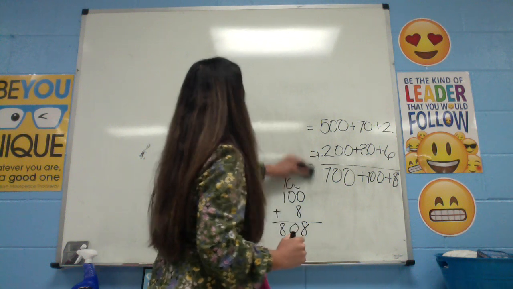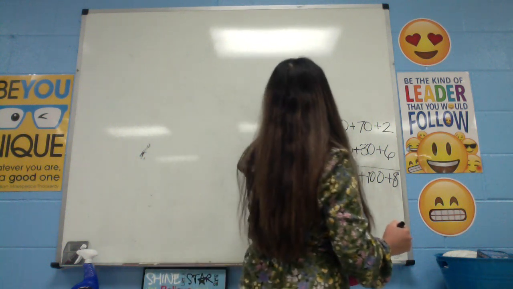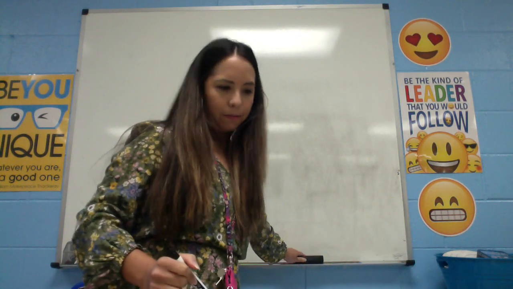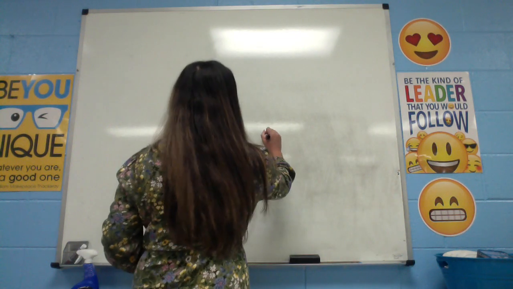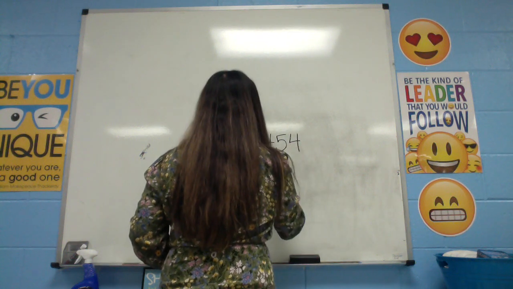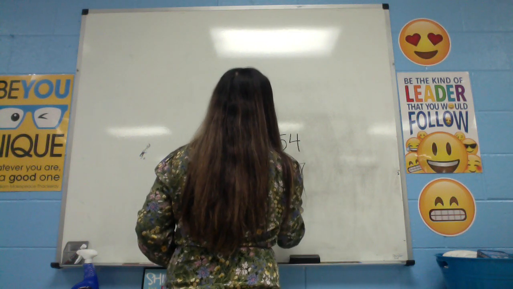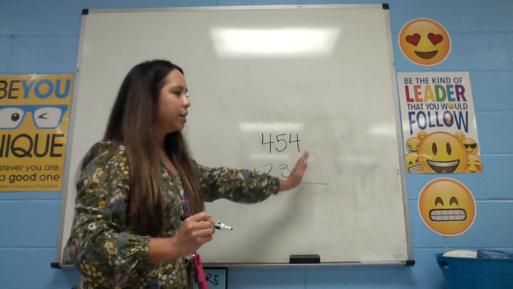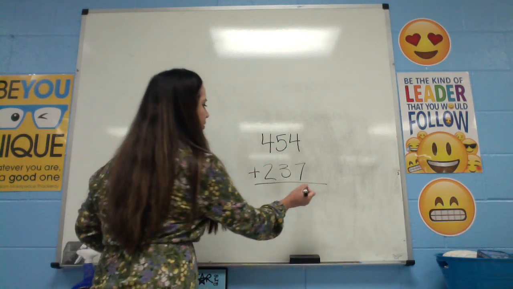In the last strategy, again, we can just use place value when we're regrouping. And that problem is 454 plus 237. Starting with your ones, 7 plus 4, 7, 8, 9, 10, 11.